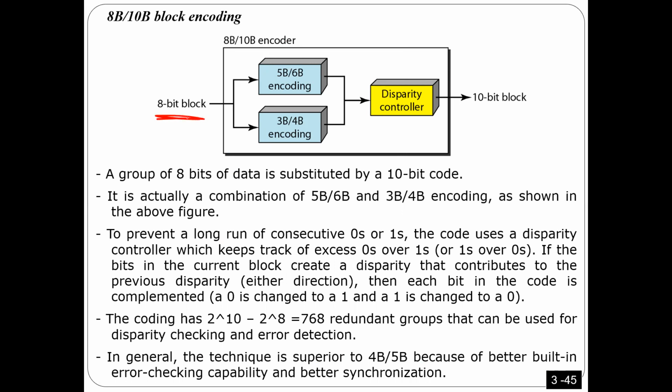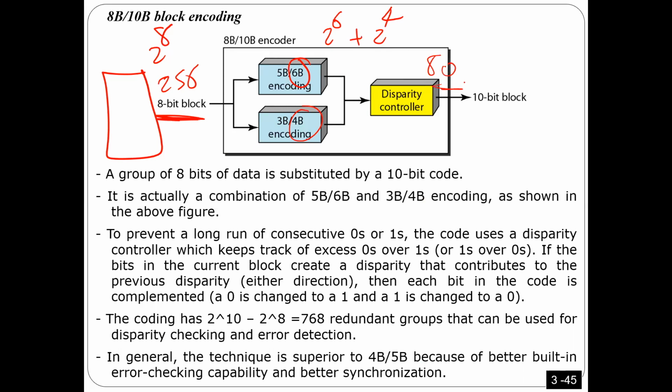How many options do we have here? 2 to the power of 8, which is 256. On the other side, the options we have are 2 to the power 6 plus 2 to the power 4, because we have 2 to the power 4 here. So the total is 80, right?